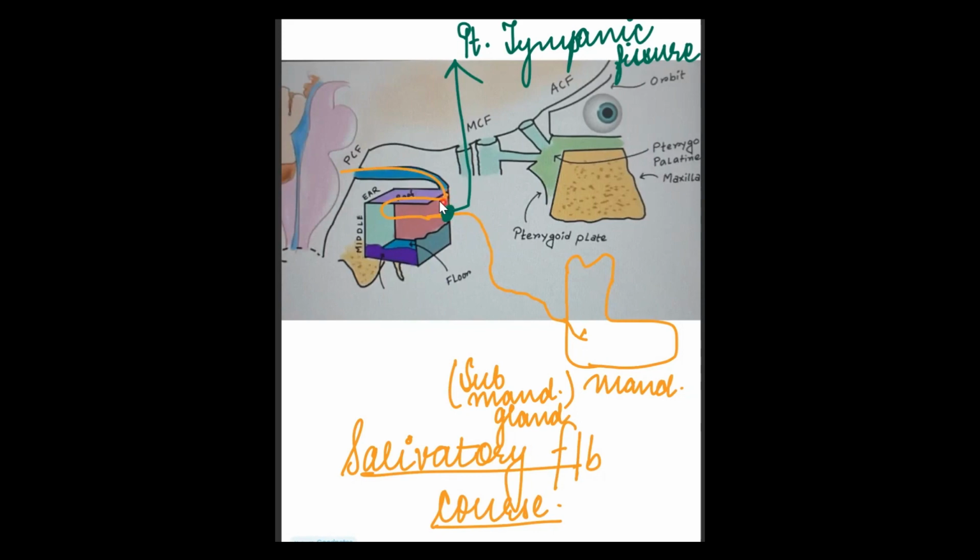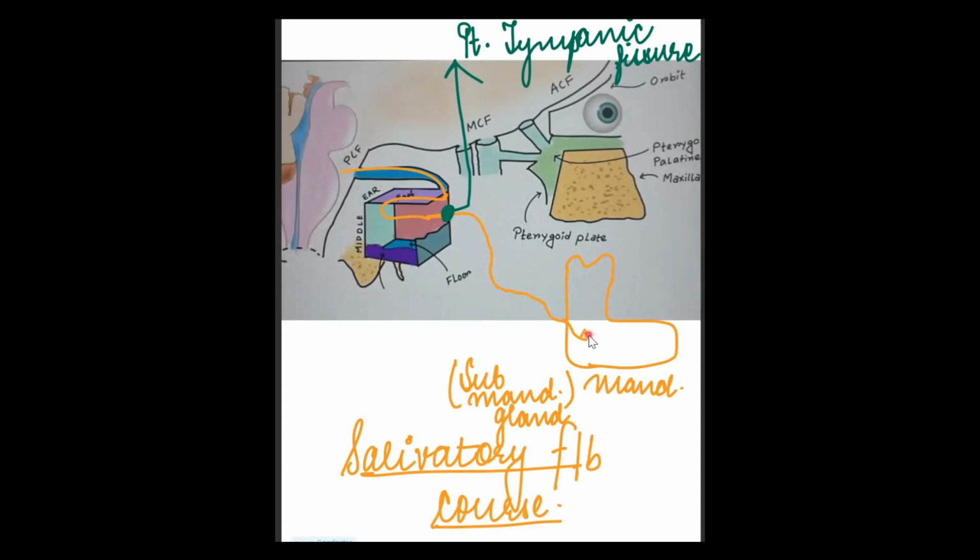After following its course from the geniculate ganglion, it enters posteriorly towards the middle ear, and then suddenly takes a bend and moves towards the facial canal. This canal is called the facial canal, and it moves out through the petrotympanic fissure. After it moves out from the petrotympanic fissure, it follows its course with the lingual nerve.